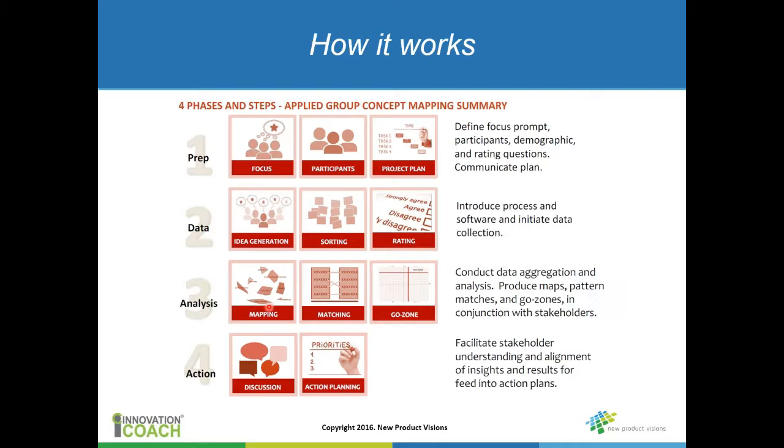So you can get a map related to how the different groupings of ideas relate to one another. There's some matching that can be done where particular folks in the organization might rank a certain idea higher than another group in the organization, and then additional analysis that helps you focus on where the highest value ideas really lie within the data set.